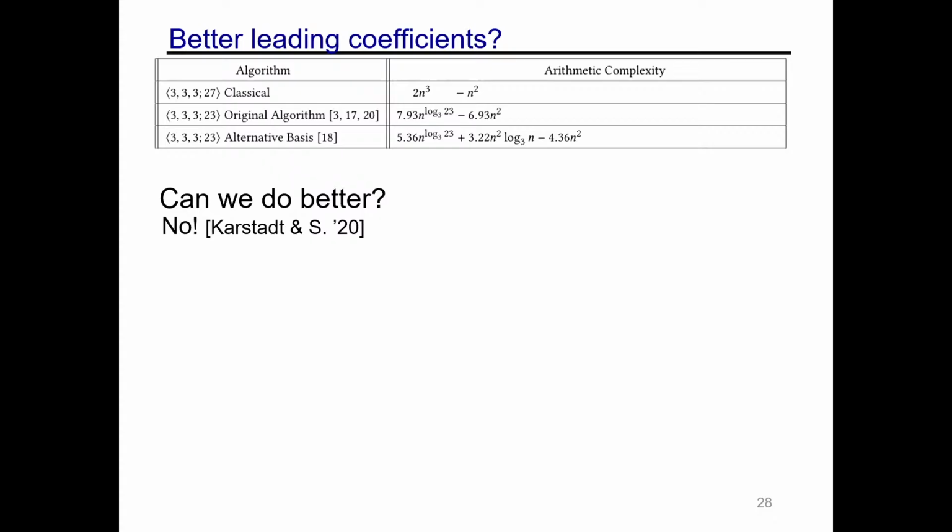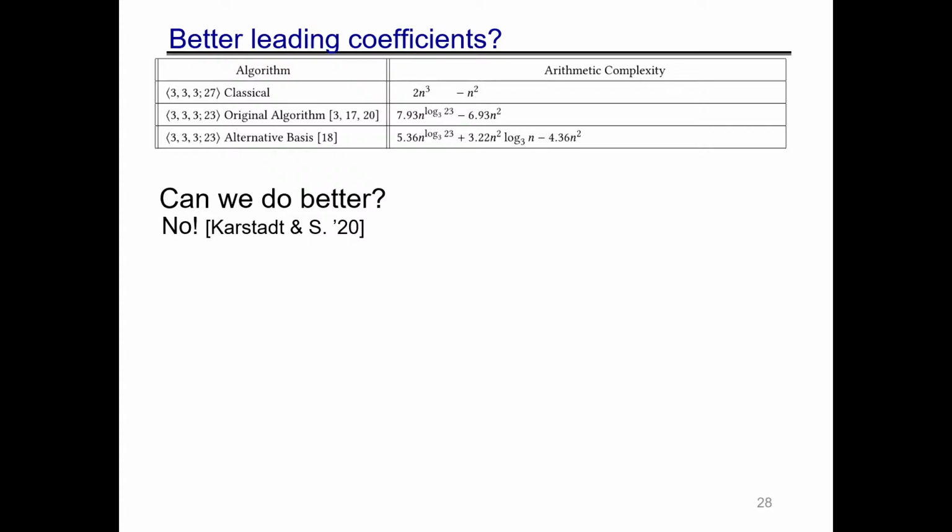So can we do better? Let me come back to the 3x3x3 algorithms. The classical algorithm requires about 2n cubed arithmetic cost. This is Laderman's algorithm, but there are others with about the same leading coefficient. Using the alternative basis, we can reduce it from about 8 to about 5.5.